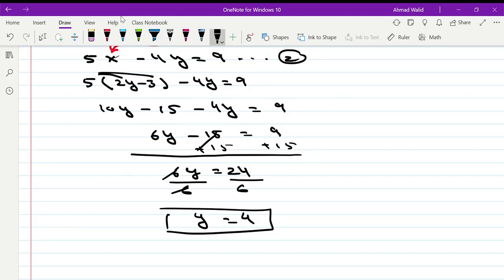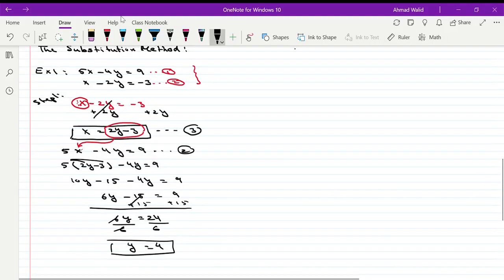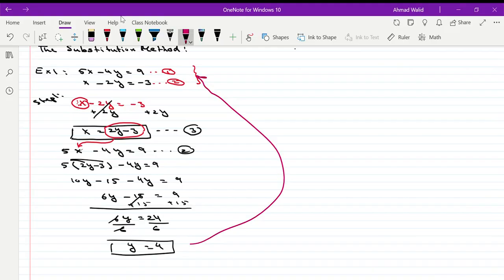How to find the value of x? You can plug in the value of y in equation number 1 or 2, or I prefer to plug in the value of y in equation number 3 and find the value of x.